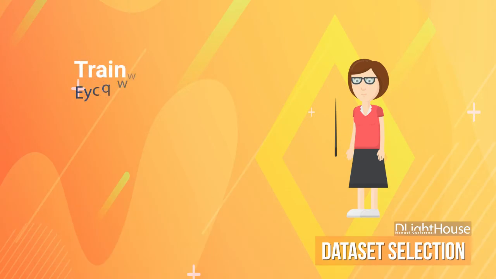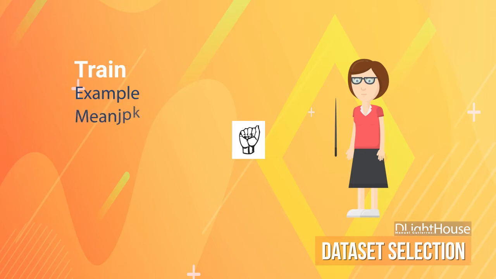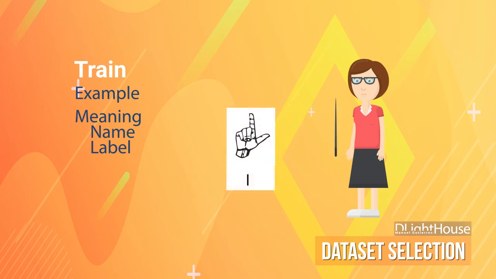We get an example of what we are learning, a word, or in this case, a hand sign. We are told what that sign means, or its name or label. This is an A. The teacher follows the same process with the remainder set of the examples and labels until they are exhausted.